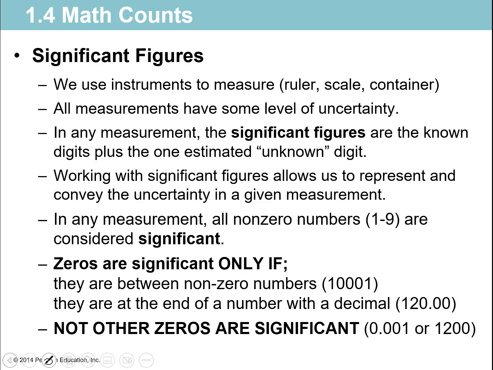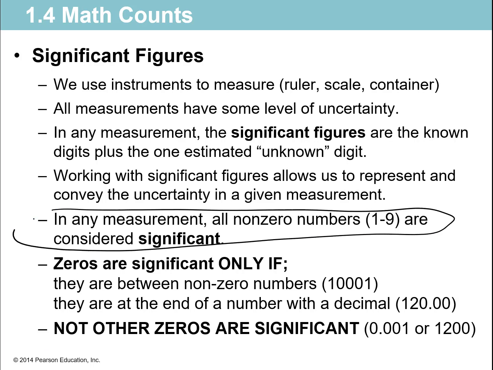We will use these in lab because any number that we use in metric that's not a 0 is considered a measured or significant number. So remember when I had that 97,123 micrograms? All of those are considered significant numbers. So you would say there's 5 significant figures in that number.